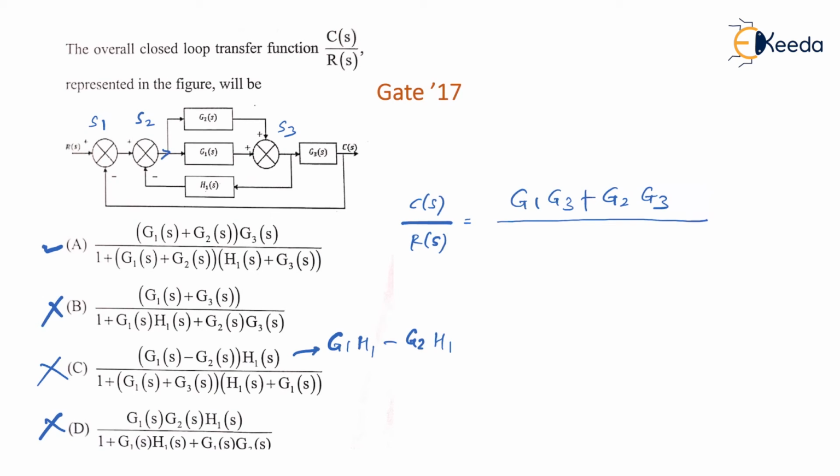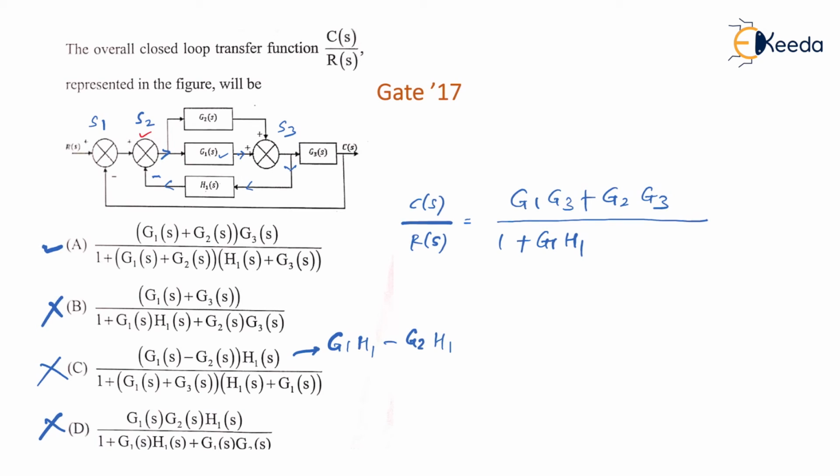As you can see, you can travel like this from S2 to G1, and from G1 then you can get back from H1. As you can see, it is a negative feedback, so I'll mark as plus. So I'll say 1 plus G1 H1. Am I right? So I'm sure you understood this loop, but then I can start this way.